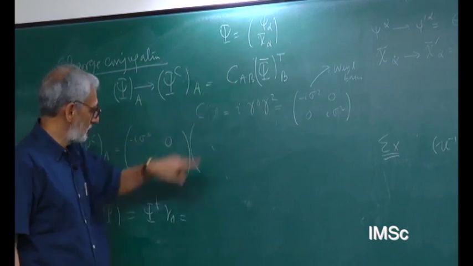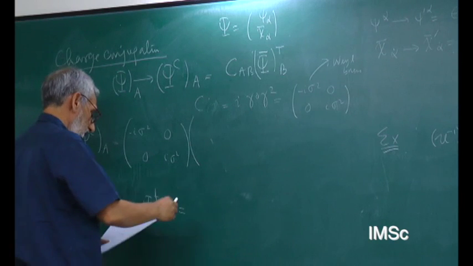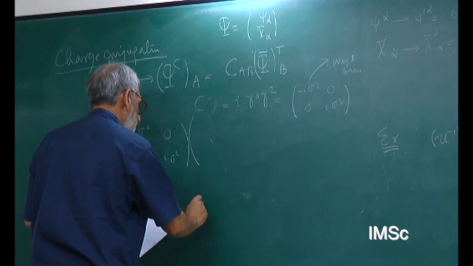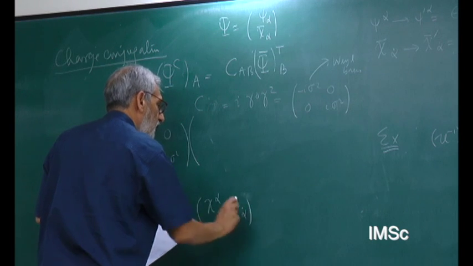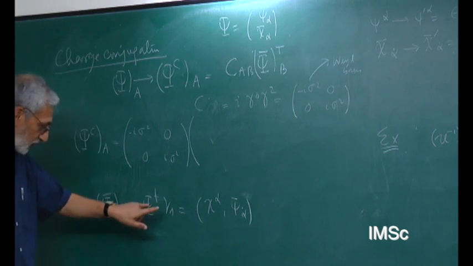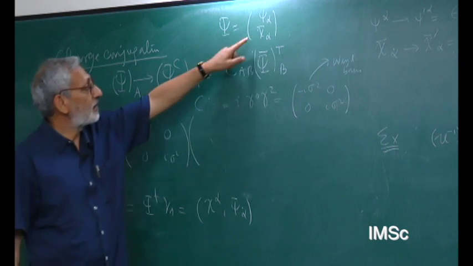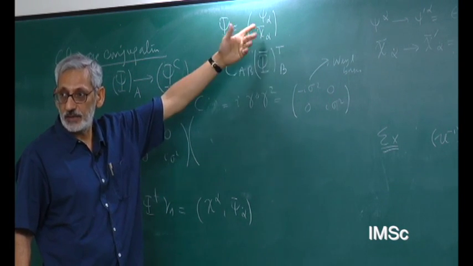Take the dagger of this, multiply by gamma naught in the Weyl basis, and you will discover that the answer is the following: chi alpha, psi bar alpha dot. Conjugation makes this psi bar and this into chi. Bar is conjugation.